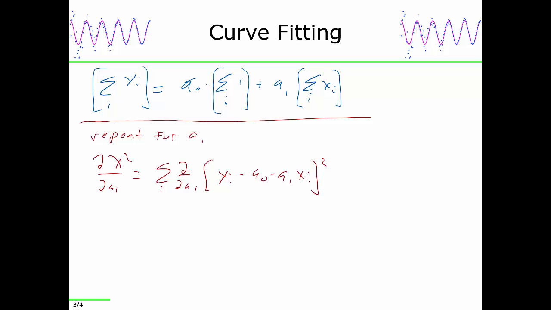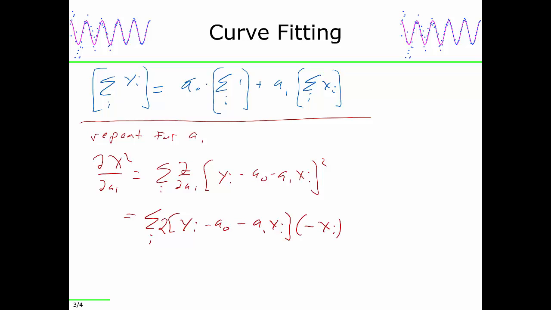Well, according to the chain rule, which you refreshed, it should be 2 times the thing in brackets, multiplied by negative xi. Correct. So this is going to be the summation over i of 2 times that, times negative x sub i.